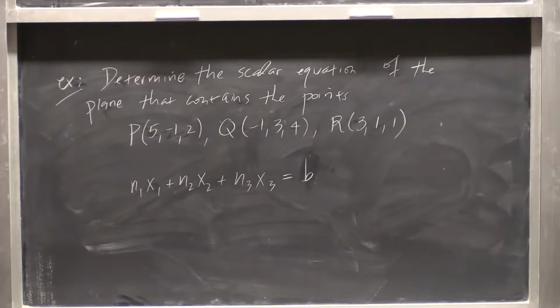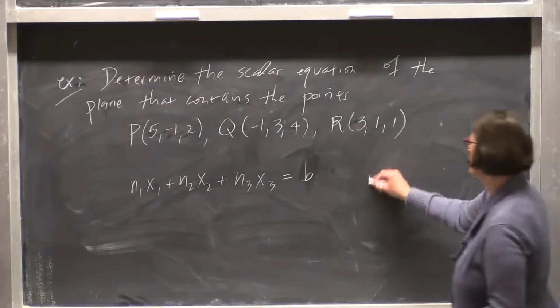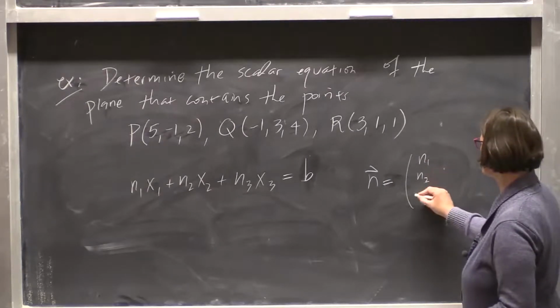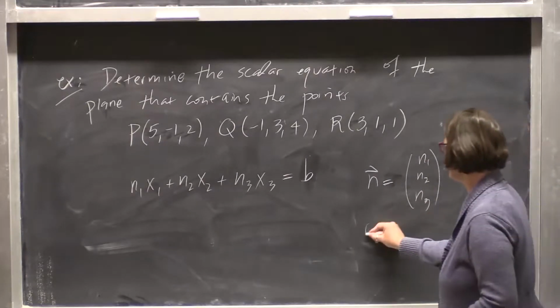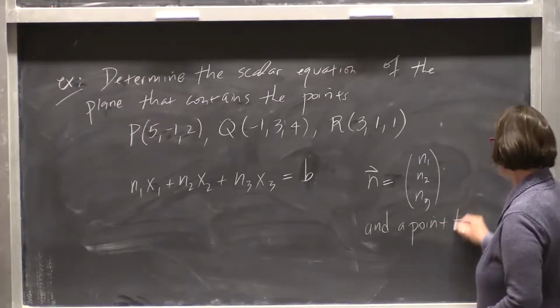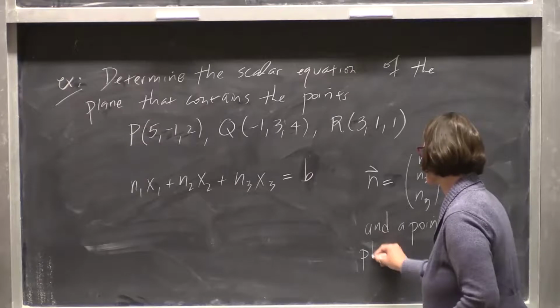You know that when you were talking about lines in the plane, you needed a slope and a point that the line went through. When you're talking about planes in R3, you need a normal vector, so that would be n1, n2, n3, and a point the plane goes through.